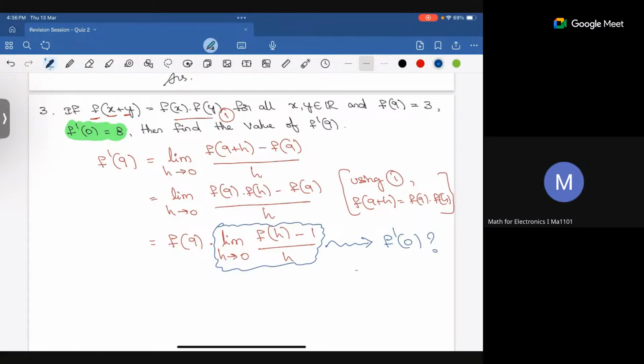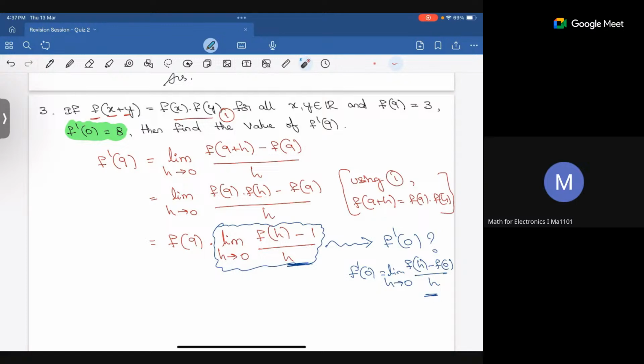Now f prime of 0, if I define it using the limit definition, would be: h tends to 0, f of 0 plus h, which is f of h, minus f of 0, divided by h. So we are very close to f prime of 0, but there is one difference between this and this. Here we have 1, here we have f of 0. Okay, so that's the difference.